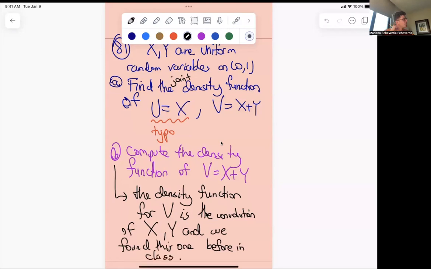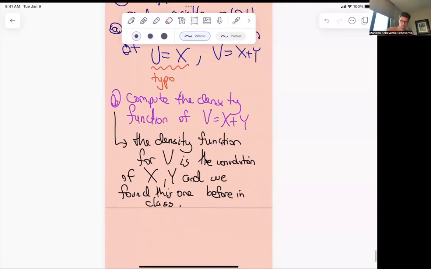But part A is an interesting problem. So it'd be like f sub x times f sub y of x and v minus x or something like that. Yes, in part B what we would call f of v was f sub x star f sub y.